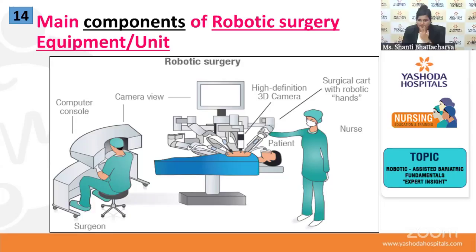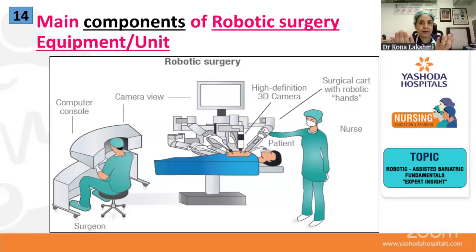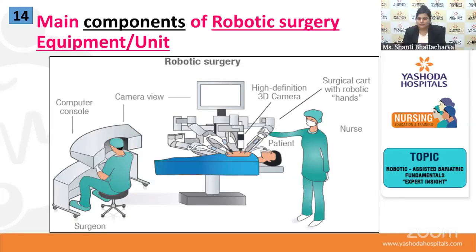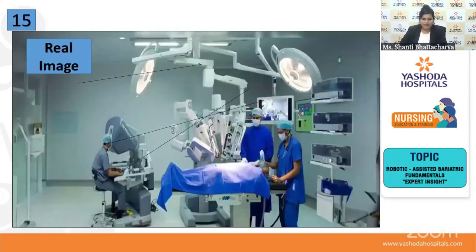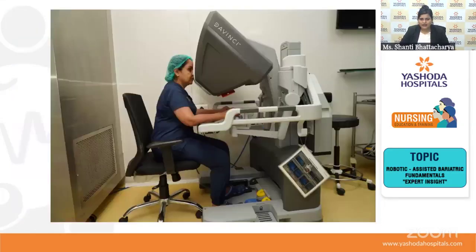Central vision brings everything into one field and magnified. So you're not, even by 1% or less, hitting any other sideways structures. So the real operating room is like this, and I could see you sitting and doing the same.